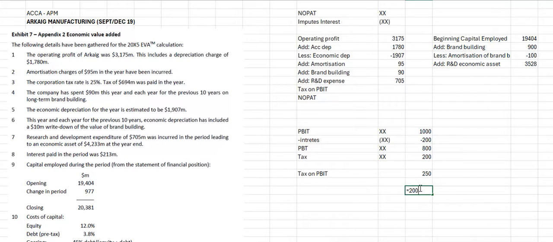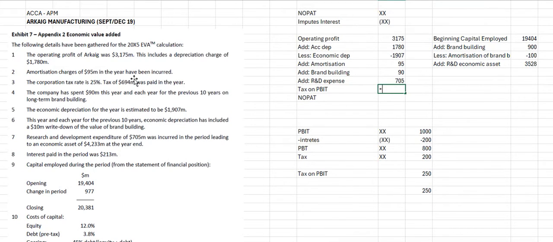So if this 200 is given, how do I arrive at this 250? Take that 200, add back the tax saving on interest. Interest is 200, tax rate is 25%. 200 into 25% is the tax saving on interest. Add it back with the tax paid. That will give you tax on PBIT. Do the same thing here.